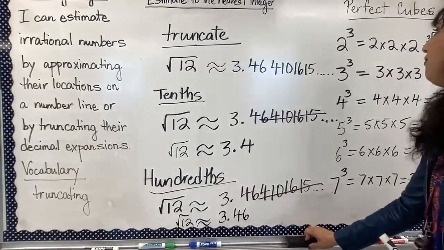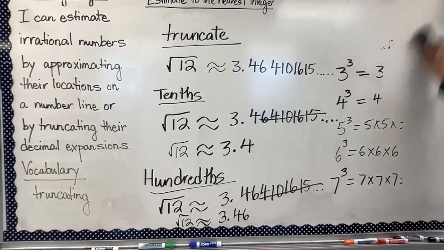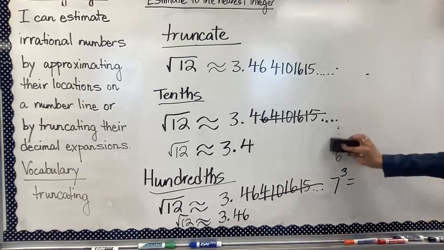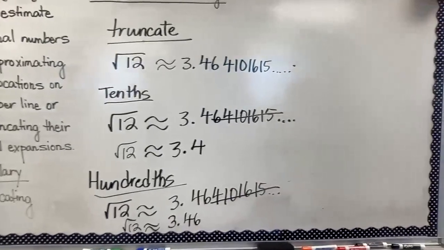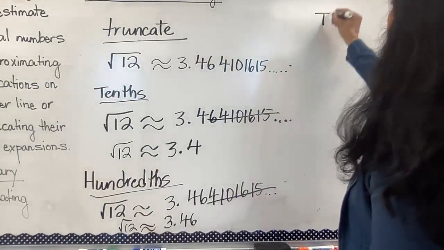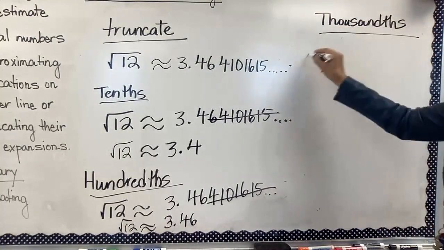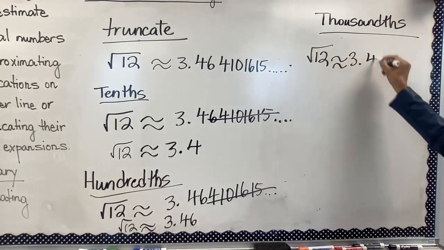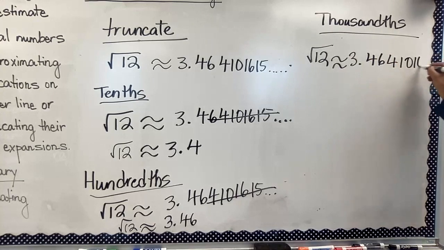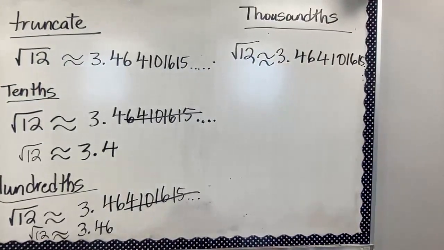All right. If I was truncating to the 1000th place value, the square root of 12 is approximately 3.4641011615, etc. So if I'm looking at the 1000th place value, where am I going?